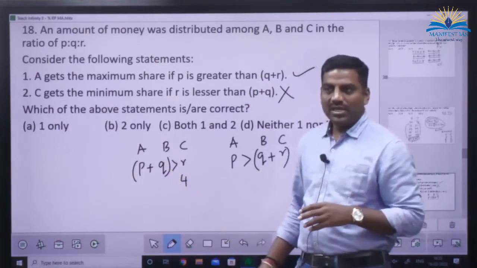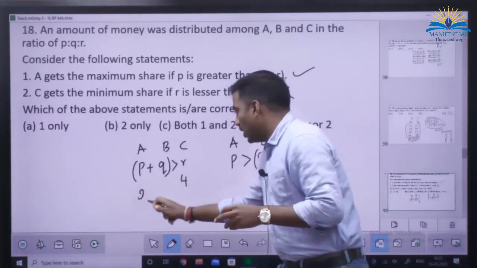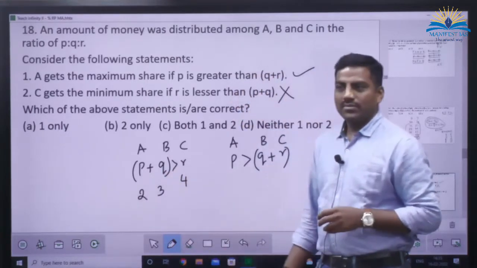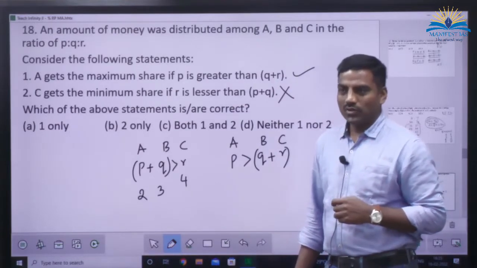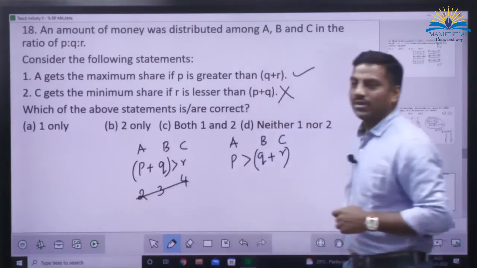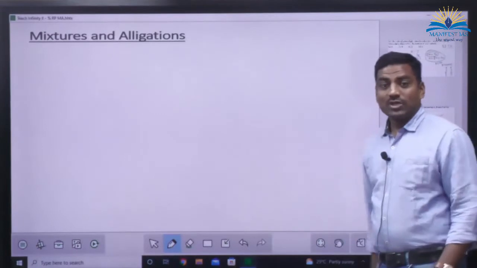P is 2 and Q is 3. Can we say our salary is least? No, right? Okay. Similarly. Done this? We are done with ratio and proportion.